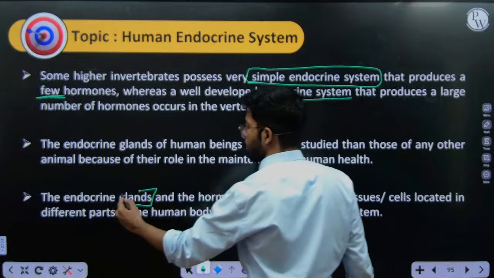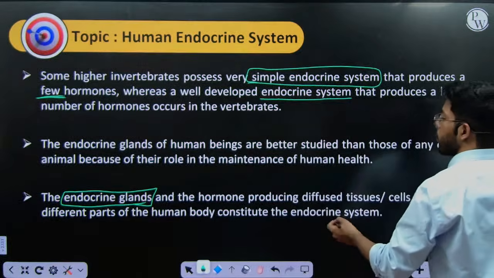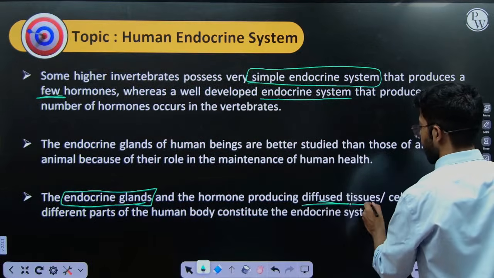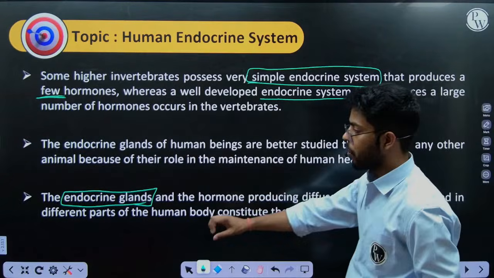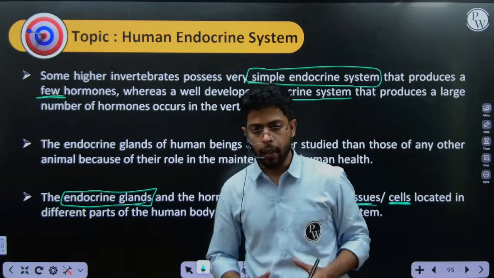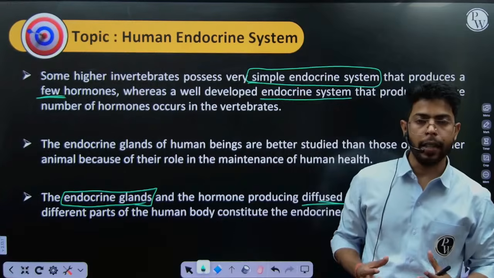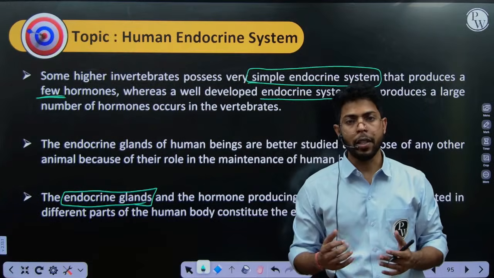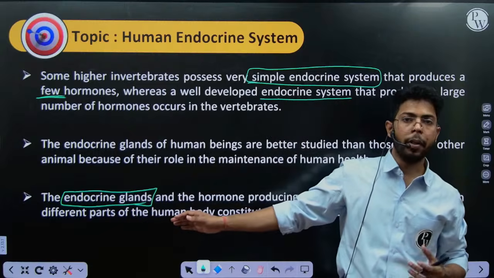Endocrine glands are present in diffuse tissue or cells located in different parts of the human body. For example, we have the pituitary gland located inside our brain region, attached to the forebrain. The pineal gland is also inside our brain.